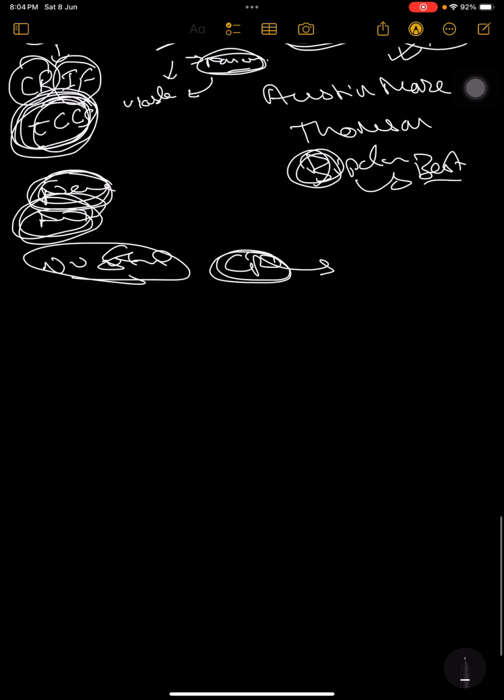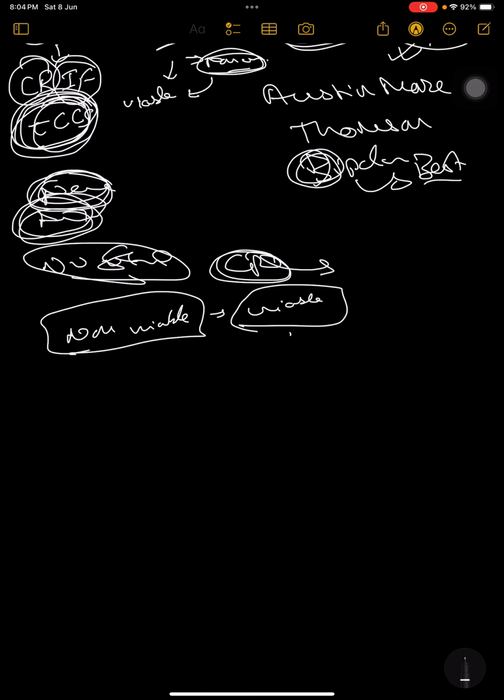How would you make a non-viable component viable? You have different procedures of vascularization, like Meyers and Bakshi.